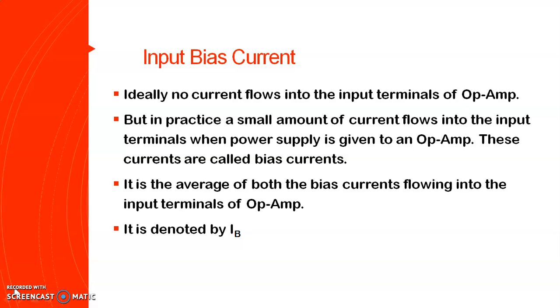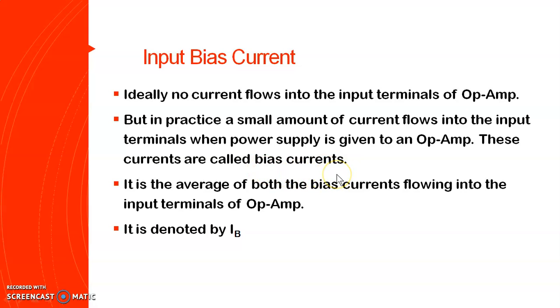Now because the current flows due to the power supply which we apply to the op-amp, this current is called as bias current. We have two input terminals, so therefore the currents which are flowing into the input terminals of op-amp when you apply power supply are called as the bias currents.